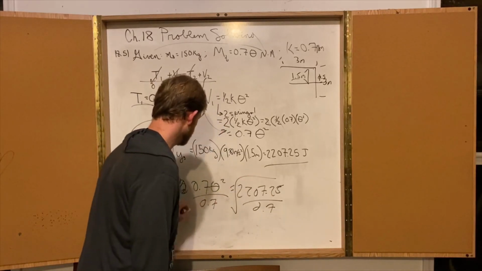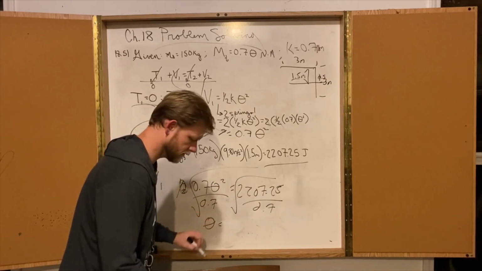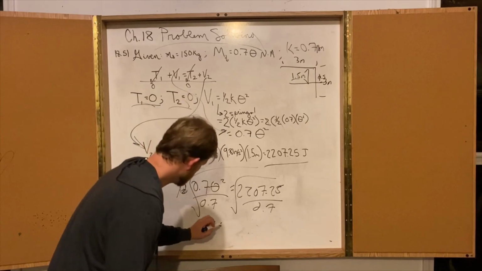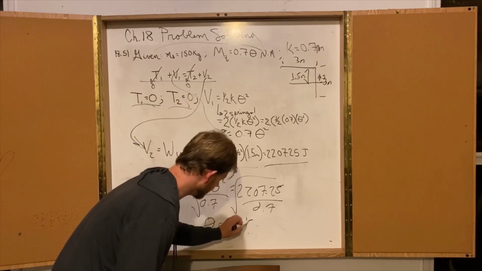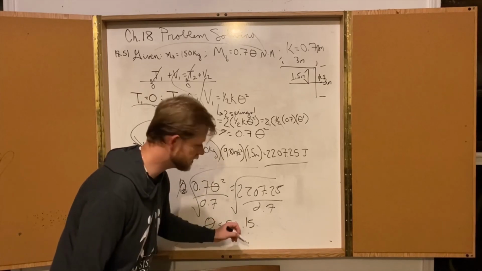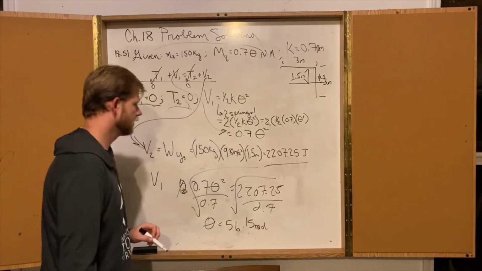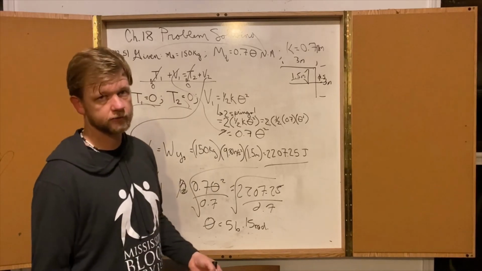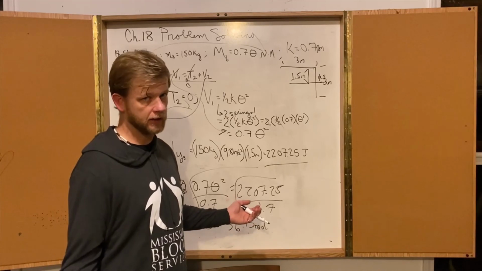Square root it, and you get theta equals 56.15 what? Not degrees, but radians. Now, how many radians are in a circle? I hope you know that, but if you don't, 2 pi. There's 2 pi radians in a circle.